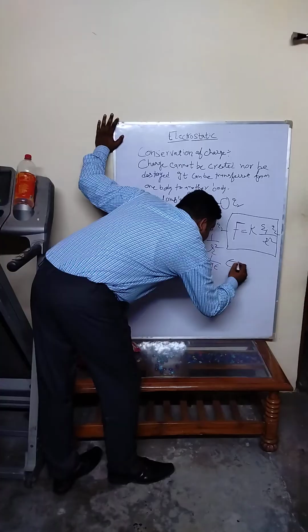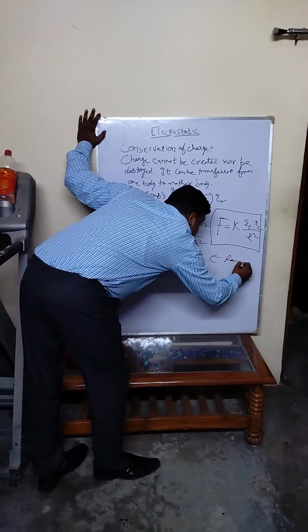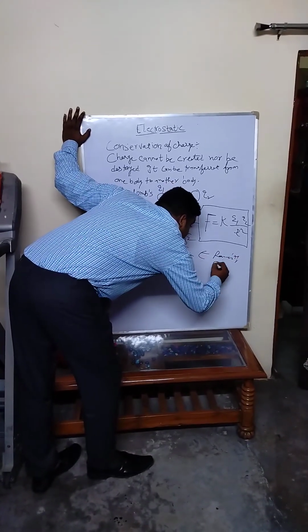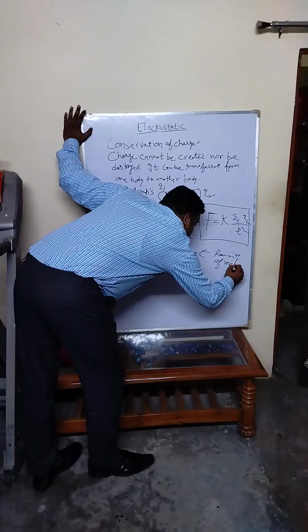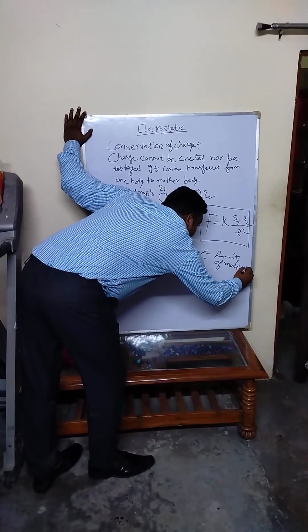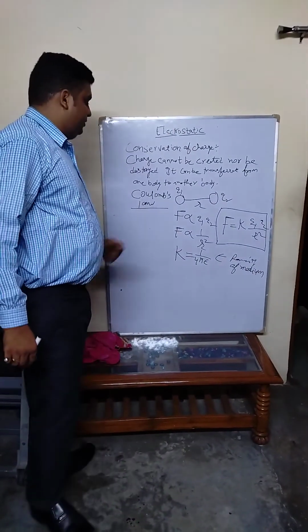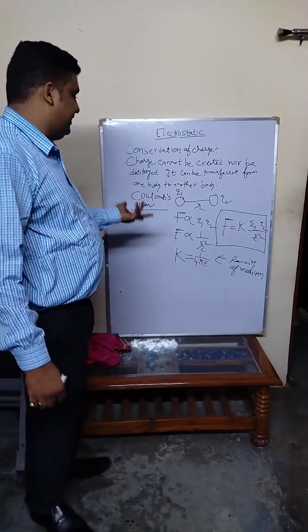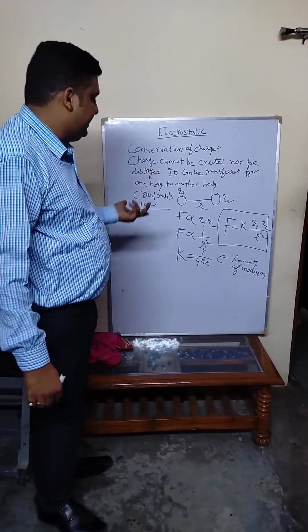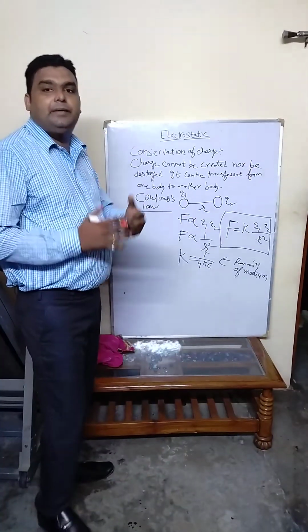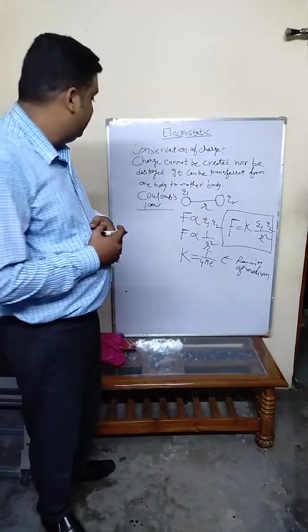Here epsilon is the permittivity of medium, or we can say epsilon is the permittivity of free space.